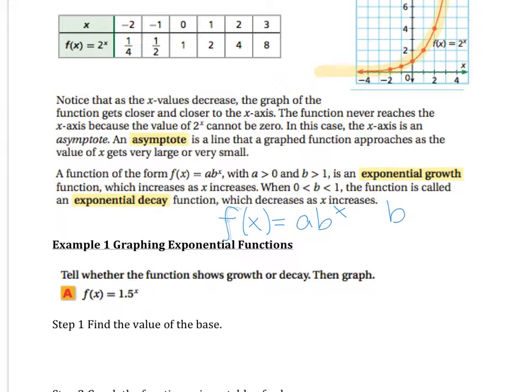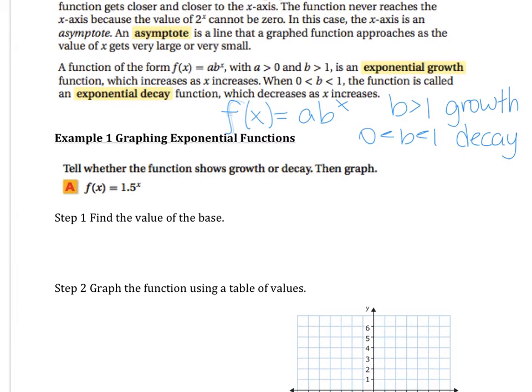If b is greater than 1, then this is growth. But if it's between 0 and 1, this is decay. You can just look at the b value only, and see if it's growth or decay.